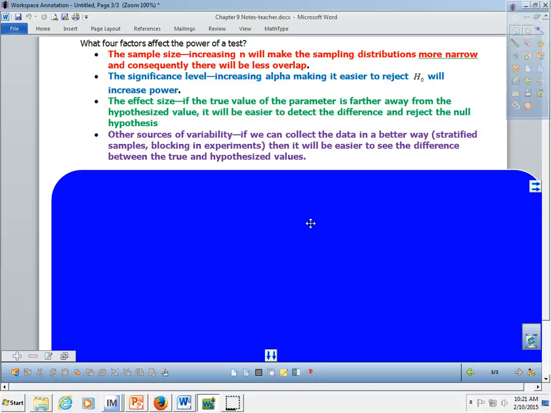Now, a lot of our procedures and calculations are based on SRSs, but if there is a better way to sample or a better way to assign to treatments, then obviously we're going to take that, and there are ways to account for that type of sampling and assignment. It's just not ways that we're going to concern ourselves with in a basic level AP stats class. But there are ways of better sampling and better assignment that could increase the power of your test, okay?